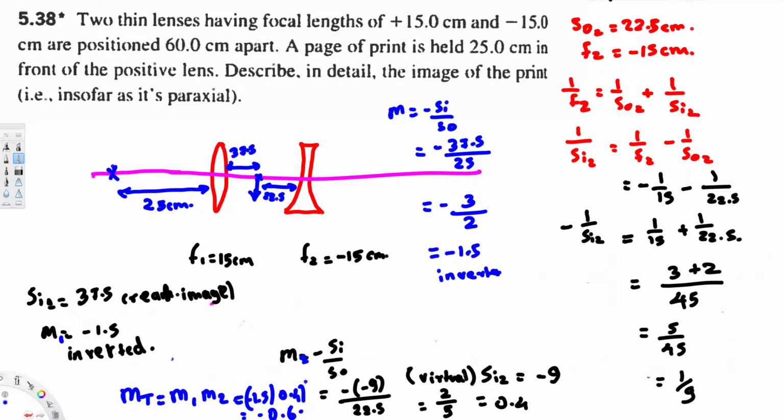Now to find the magnification related to the real object, we use this equation, m total is equal to m1 times m2, and that gave us this. So from this we know that the final image is going to be inverted with respect to the object, and it is smaller, and also the image is virtual. These are the things we know about the final image, and that's how we do this kind of problem. I hope this helps. Thanks for watching.